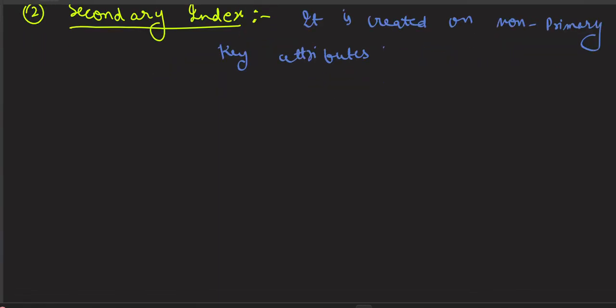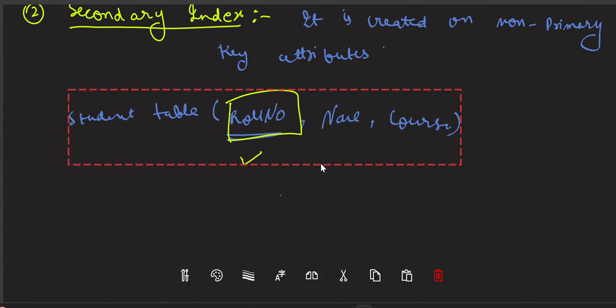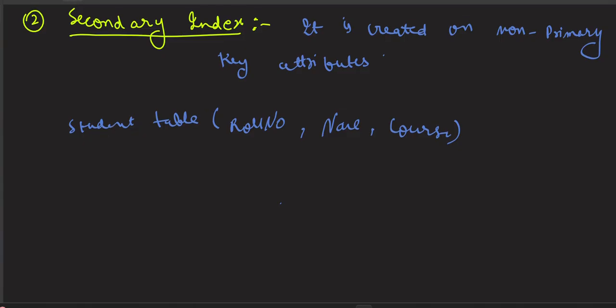The same example I will copy paste here also. Suppose this is our table, a student table. Here, name is going to be the secondary index. It is useful when a query involves fields other than the primary key.